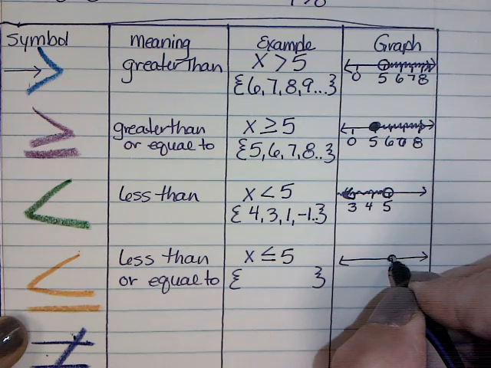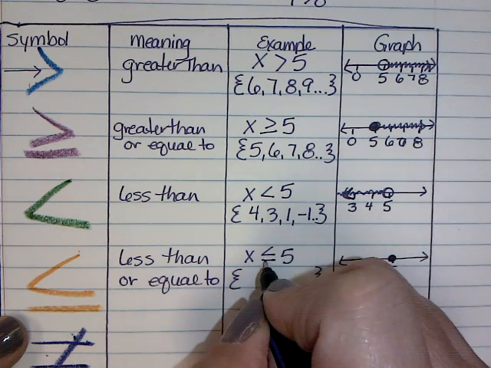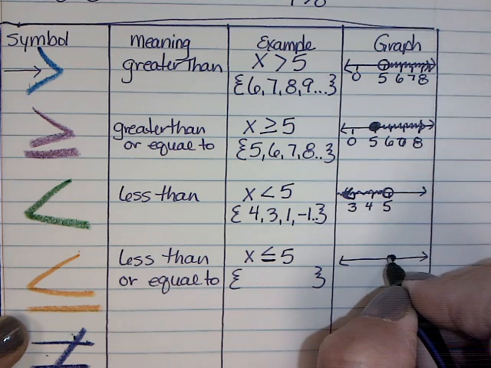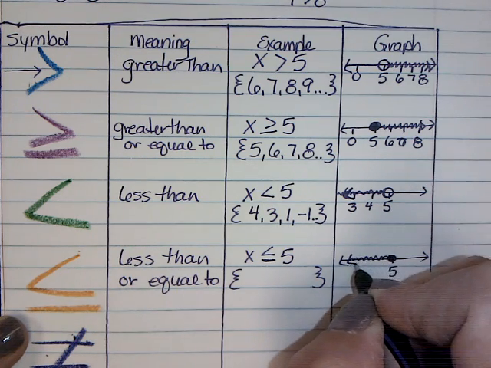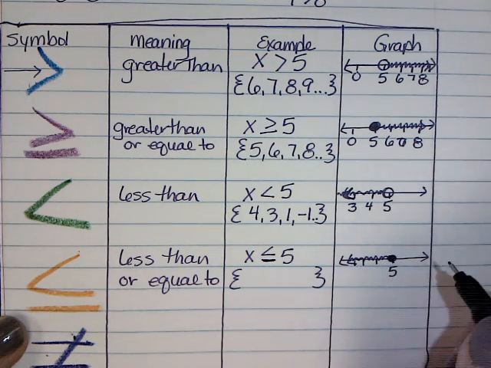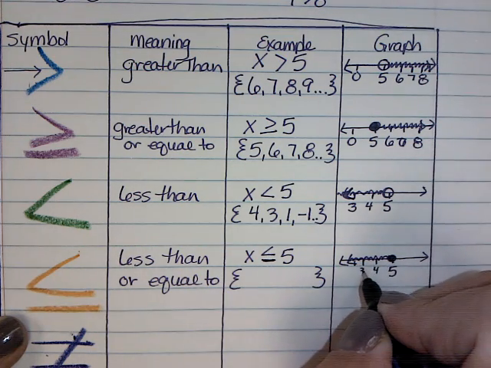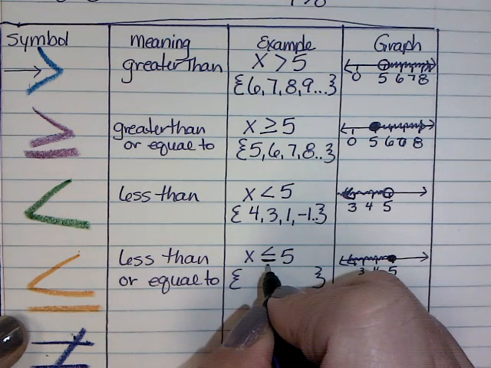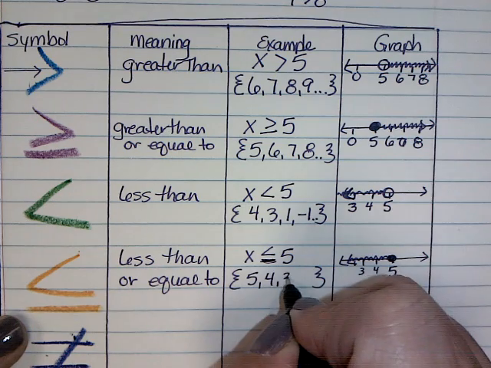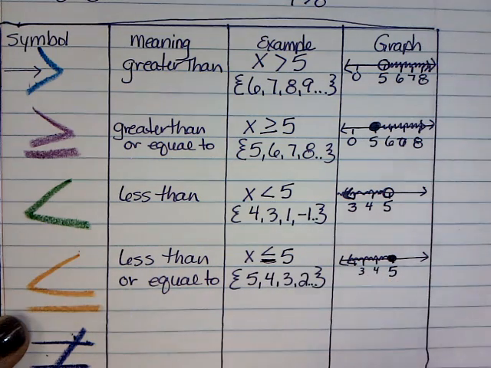I'm going to close my circle because there's an equal sign right here. X is less than, so it's going to go to the left. And then I can fill in the numbers that it would represent. In this case, it's going to equal 5, but also 4, 3, 2, and on and on and on.